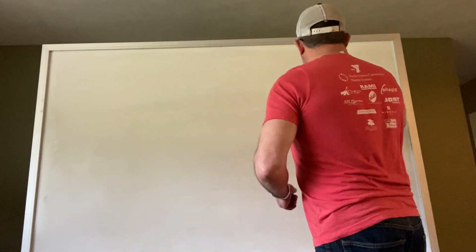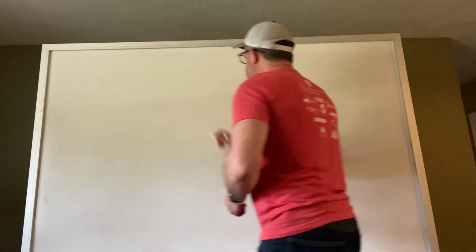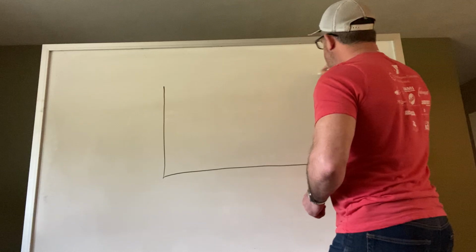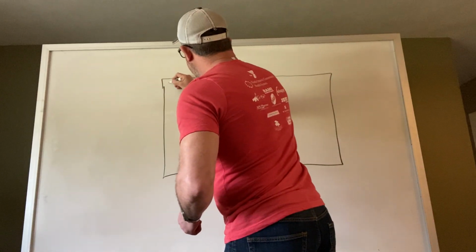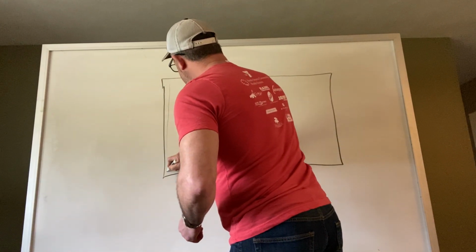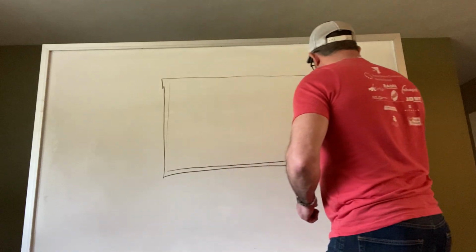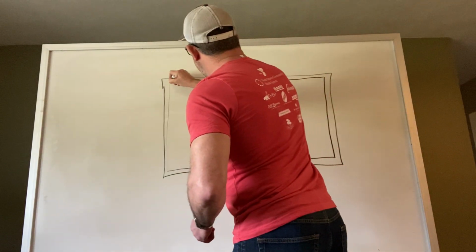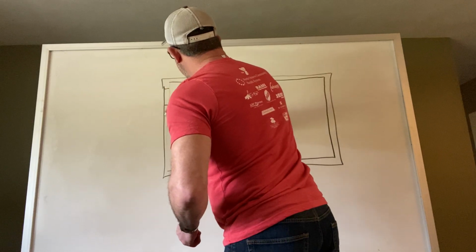And again, my bond beam is going to cover the entire perimeter of my building. So as I look at that, I can see that I'm going to have a bond beam all the way along the outside of my building, the outside perimeter.